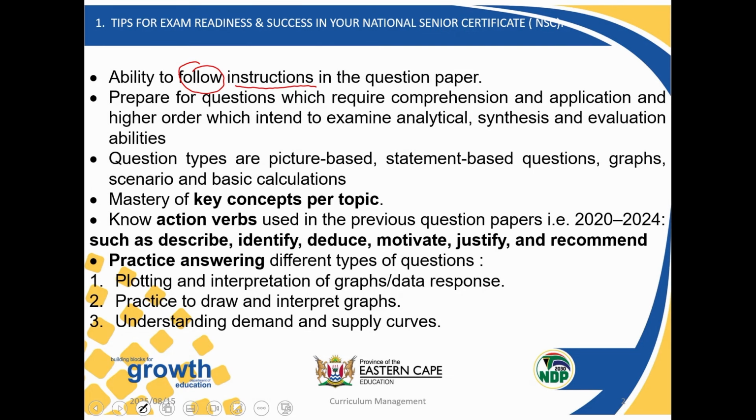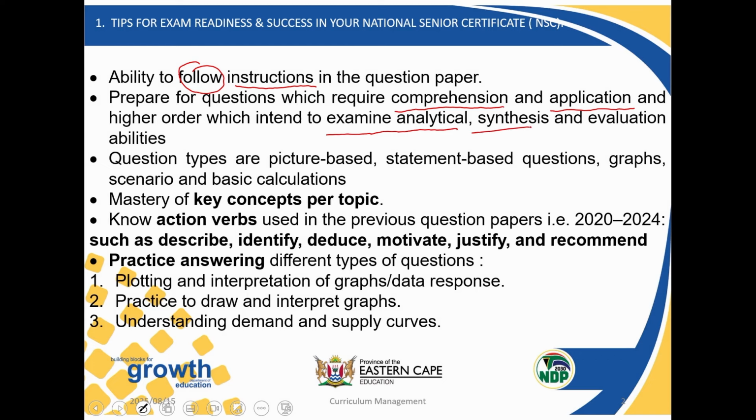Secondly, you must prepare for questions which require comprehension and applications. If you look at our previous question papers, they test a number of things. Question 2 here is one of the questions, which we'll get into later on, where we are testing comprehension, applications, and higher order questions which examine the analytical, synthesis as well as evaluation abilities of the learner.